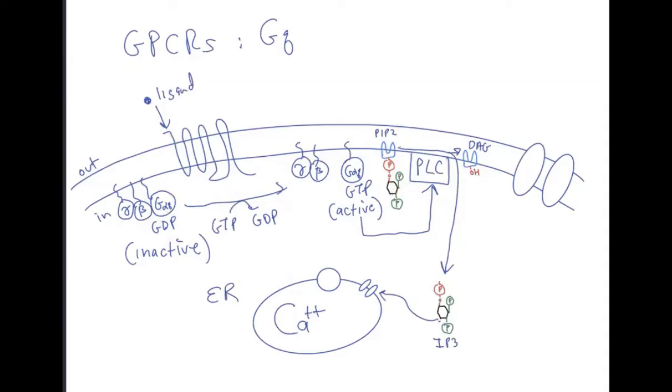Now, it's sequestered in this organelle, and once the IP3 binds to the IP3 receptor, which is right here, that channel, it's a receptor, but it's a ligand-gated ion channel, that is going to have a conformational change, and now calcium is going to go down its concentration gradient, and you're going to get an increase in intracellular calcium.